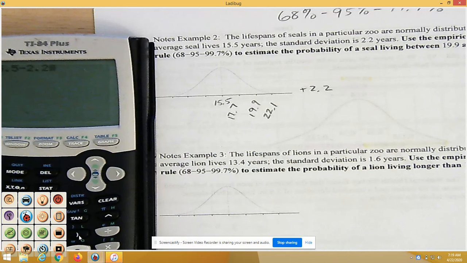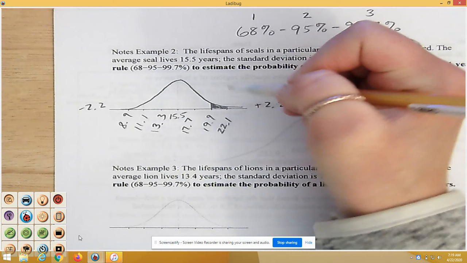They are asking you to estimate the probability of a seal living between 19.9 and 22.1 years. So I am looking at this part here of my distribution. All right, and just a reminder, I'm going to pull this up and put it right next to this.